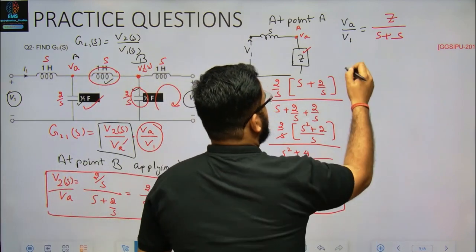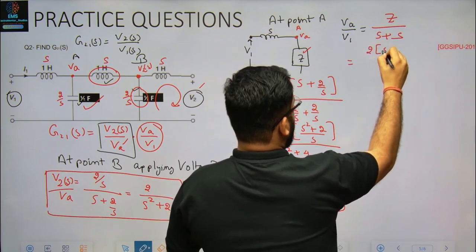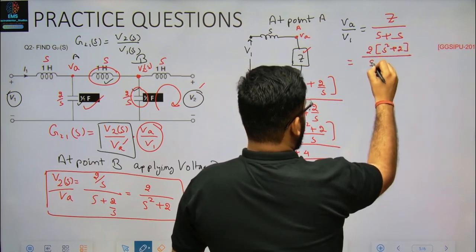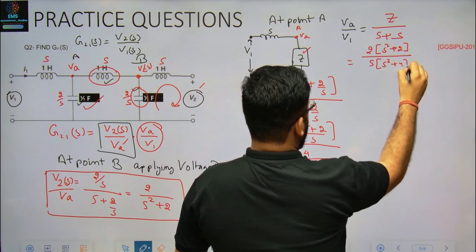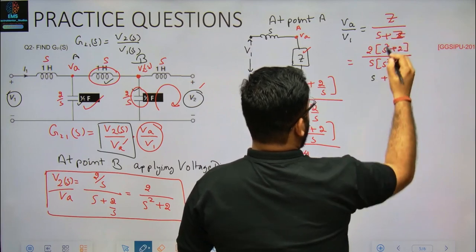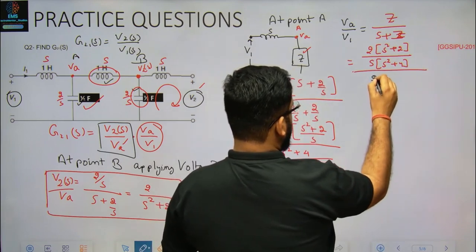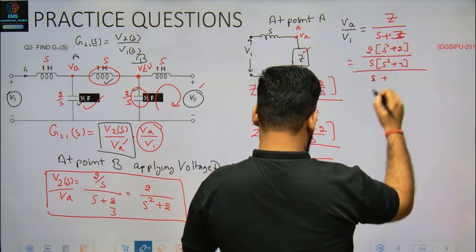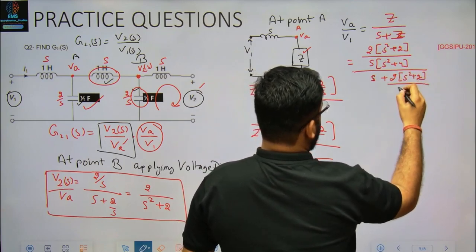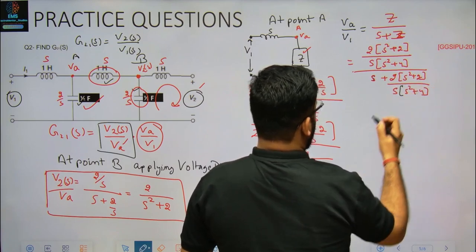So substituting the value of Z, my Z will be 2 into S square plus 2 divided by S into S square plus 4, over S plus Z, that is 2 into S square plus 2 by S into S square plus 4.